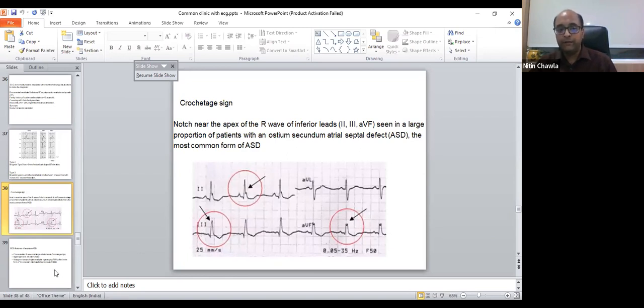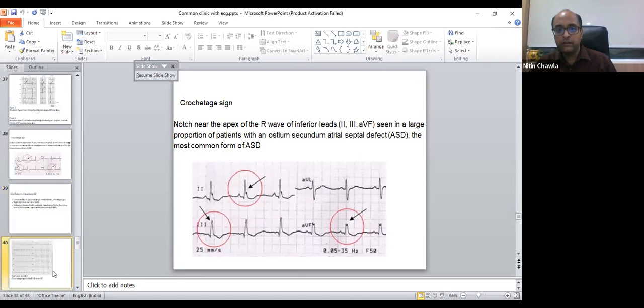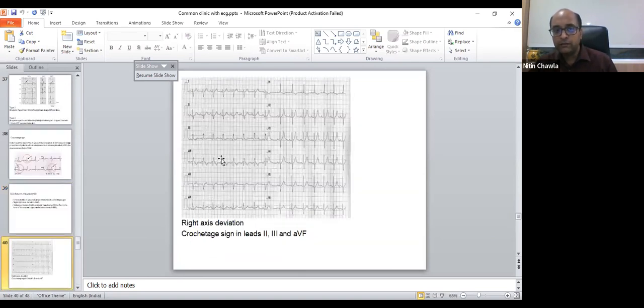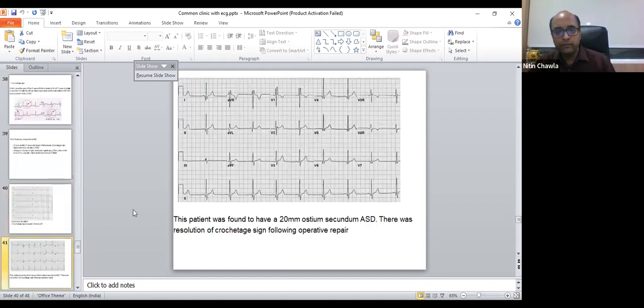When we see Crochet sign, like in this case, we have seen Crochet sign in lead 2, not very clear, lead 3, and in AVF. Once we have operated on them, we see that there is improvement in Crochet sign. Clearly, it is gone in AVF.